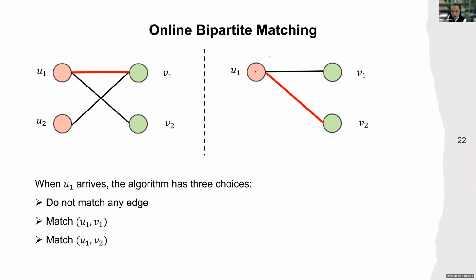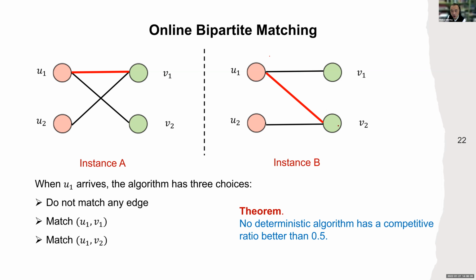And then you say, okay, how about if I choose V2? Oh, same. Then I let U2 only connect to V2. So again, optimal is 2 edges, but you only matched 1 edge, right? It's again half. So no matter which choice you made, no difference. You can only achieve half. Okay. Well, so this one, can you follow?